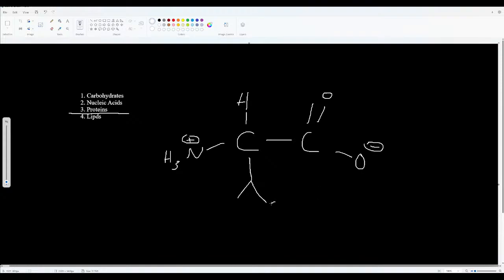Okay, what if we add an OH here? Now, this is known as something called threonine. Now, threonine, because it has the OH attached to it, it is now polar. Right? So these amino acids can change as you go along. If you see them made primarily of hydrocarbons, just say they're nonpolar.